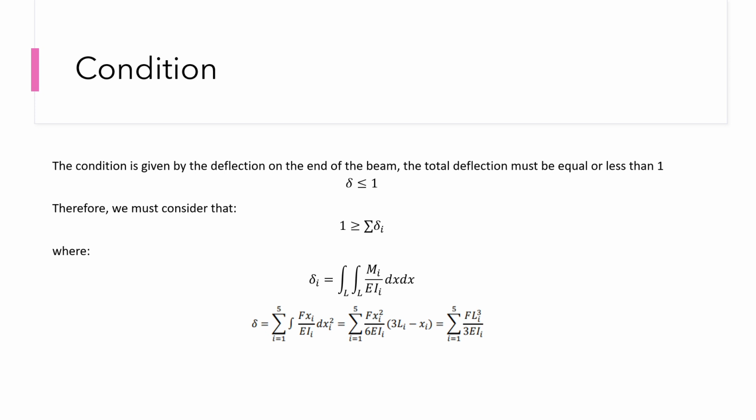We know that the inertia and the length are going to change in each segment, because on each segment we have different values of cross-sectional areas, and they are at different distances from the force.